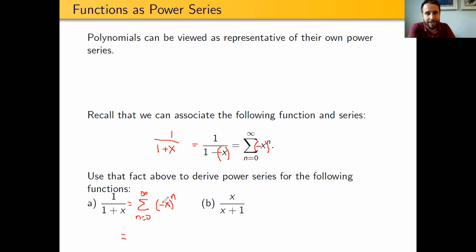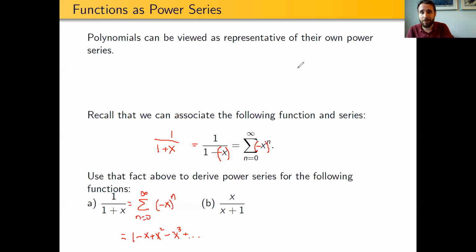This can be thought of as 1 minus x plus x squared minus x cubed, and so on, plus x to the 4th minus x to the 5th. This is simply the alternating series version of this polynomial.